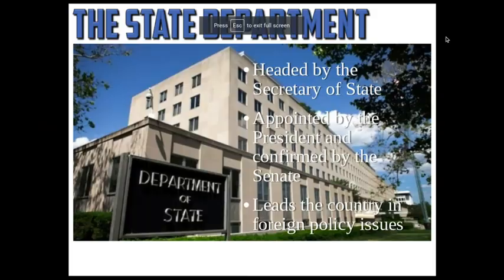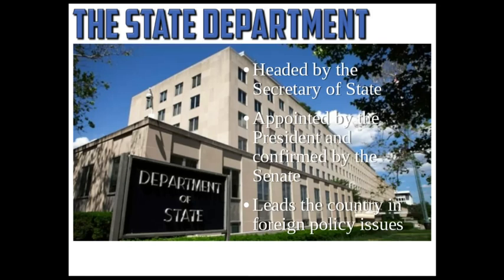So the State Department. The State Department is a federal executive department responsible for carrying out U.S. foreign policy and international relations. It was established in 1789, and it was actually the nation's first executive department. That should tell you something.